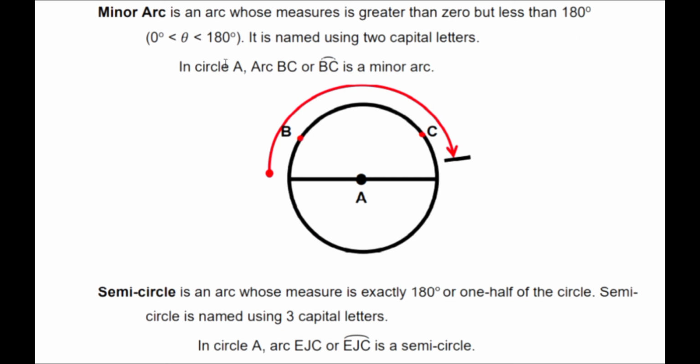So it is named using only two capital letters. So in circle A, we have this arc BC. It is a minor arc. So the measure of this arc is greater than 0 but less than 180 degrees, and is named arc BC.